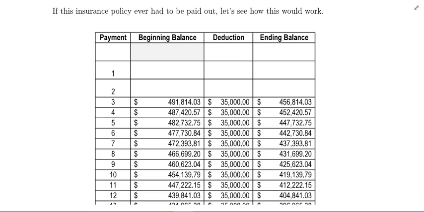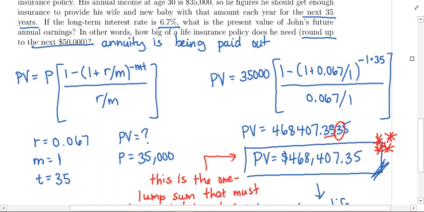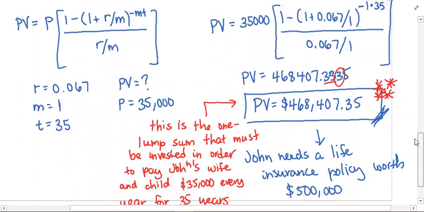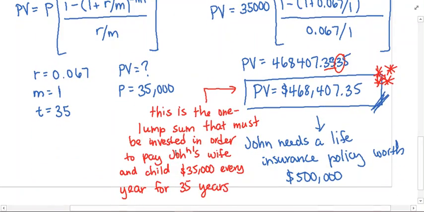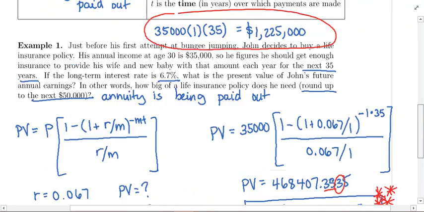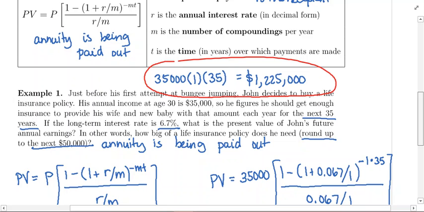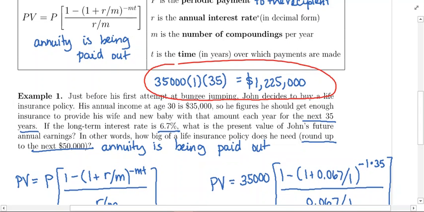All right, so at the end of example 1, if I go back to this page, we decided that this is how much life insurance John needed, okay? Exactly $468,407.35, okay? This is the amount that the life insurance policy would have to start out with in order to pay out John's wife and child the $1,225,000 over the 35-year period, okay?